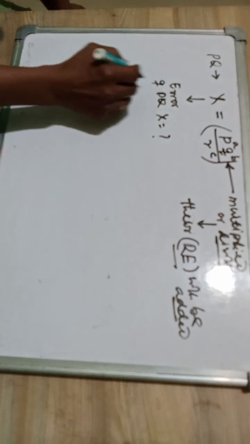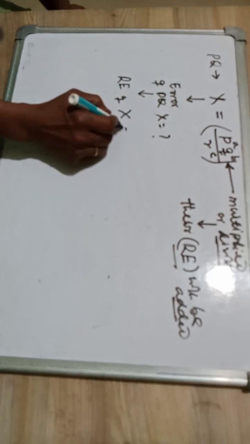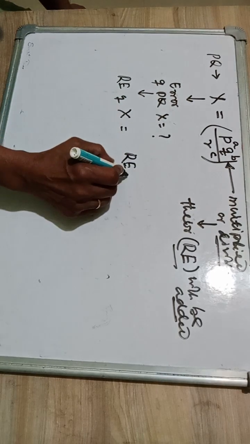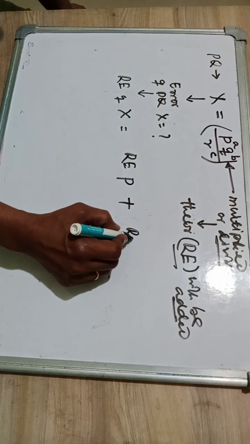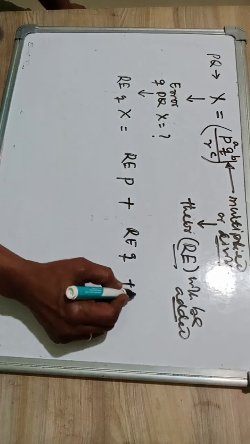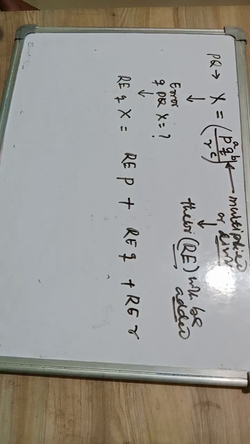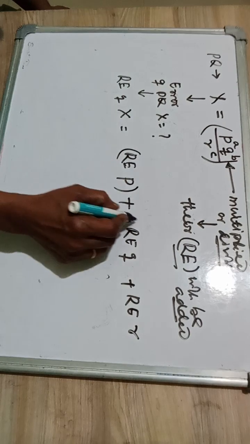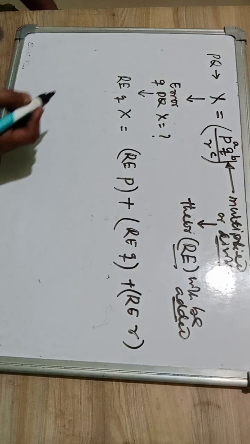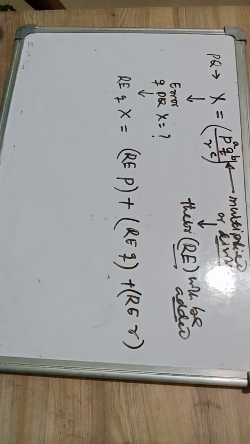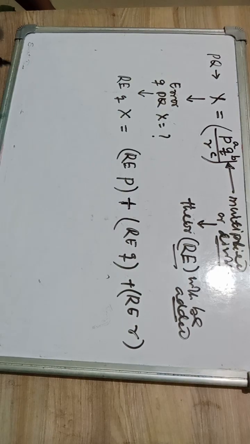That means relative error of X will be relative error of P, relative error of Q, relative error of R, and their relative errors will be added.